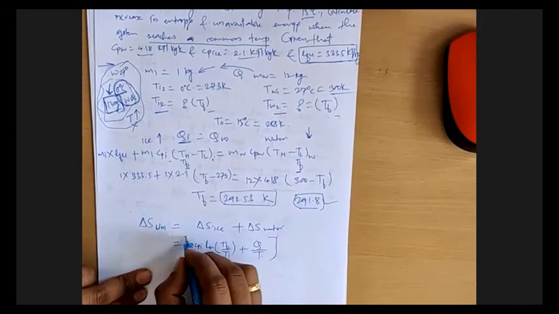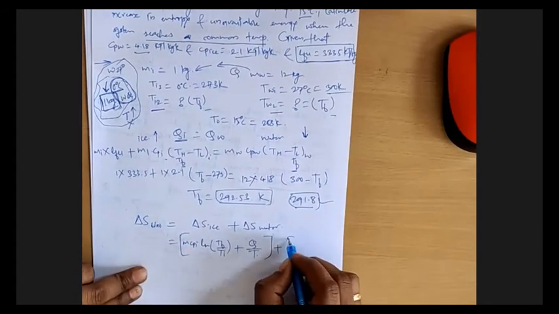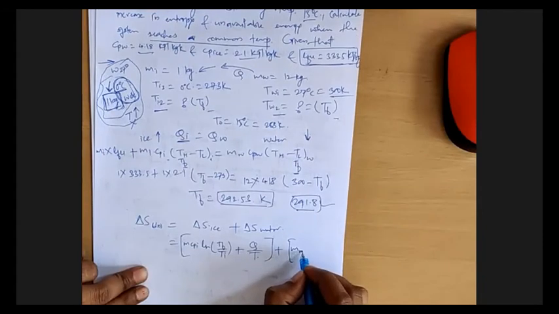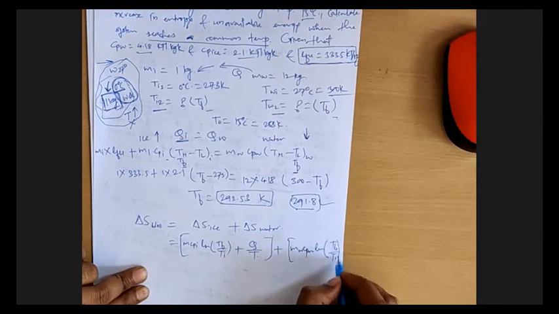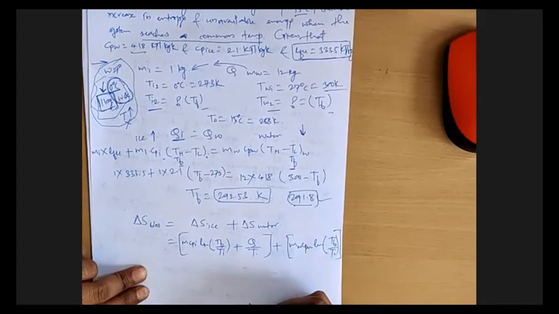This is for ice, plus for water, mass of water, specific heat of water, ln of T final by T initial, that is for water.